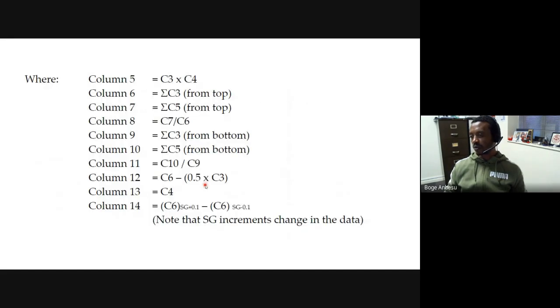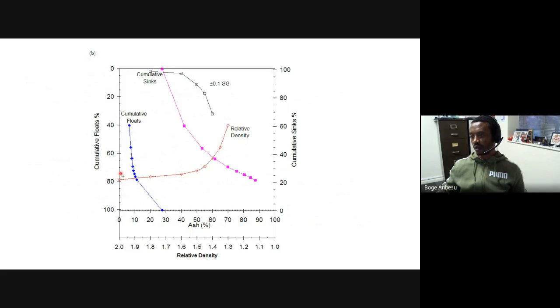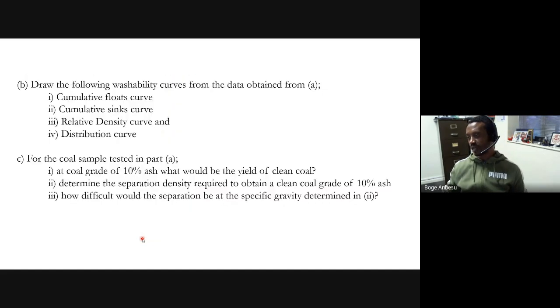All you have to do is go to the relative density curve, and at 70%, probably 75% or whatever for that particular value, I can read the relative density curve and find the cumulative specific gravity. Somewhere here on the red line, and I go back here, and somewhere around here might be where I get the relative density on the x-axis. So maybe it could be somewhere around 1.8, 1.85. That is the density of media required to obtain 10% ash.